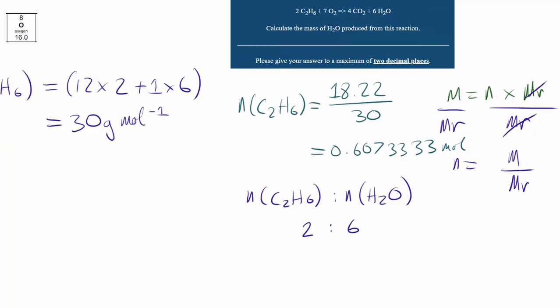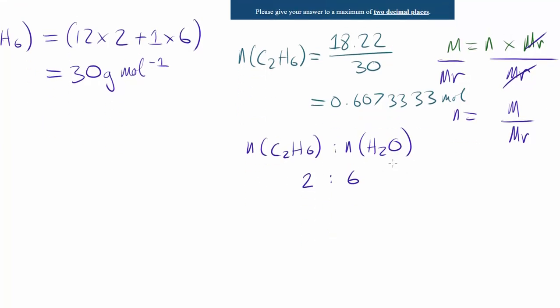Another way to put that, if we divide both sides by 2, is to say it's a 1:3 ratio. So for every 1 mole of C₂H₆, we're going to have 3 moles of H₂O.